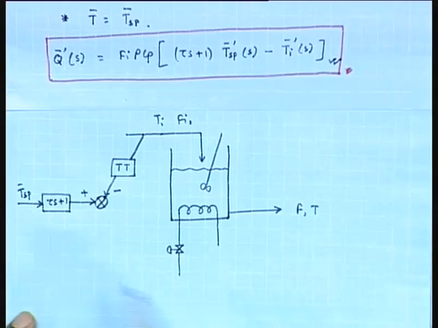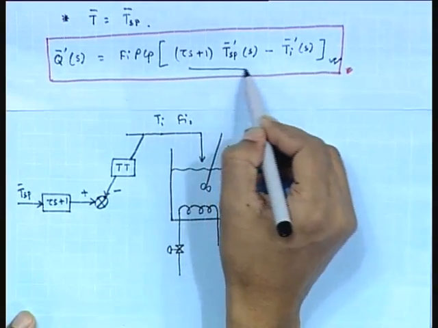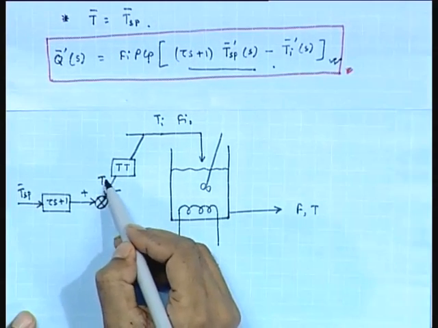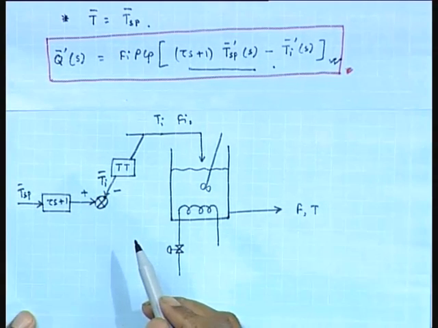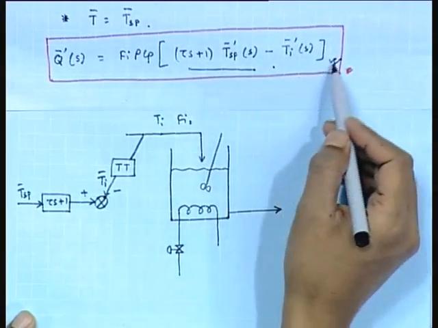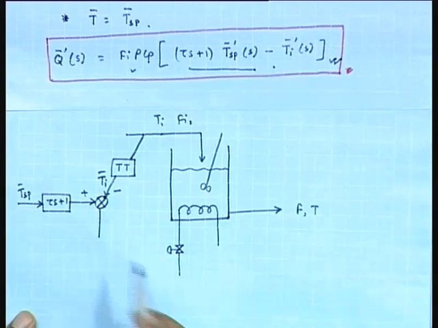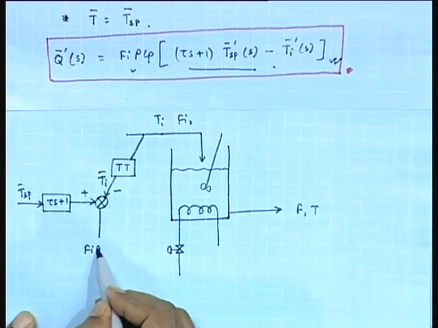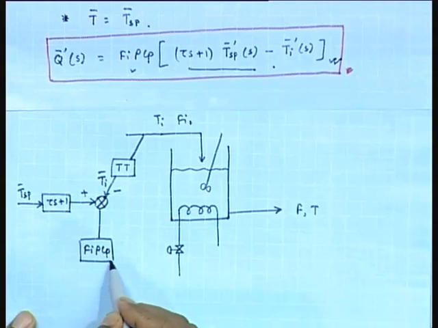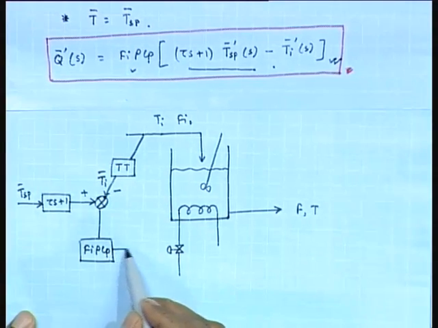You see TSP times tau S plus 1, this one, minus T I. Then the output of this error signal is multiplied with Fi rho Cp, and that is basically Q prime.